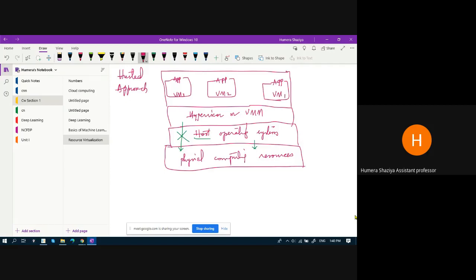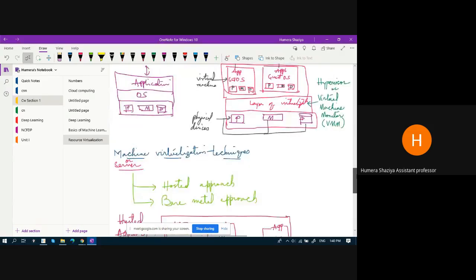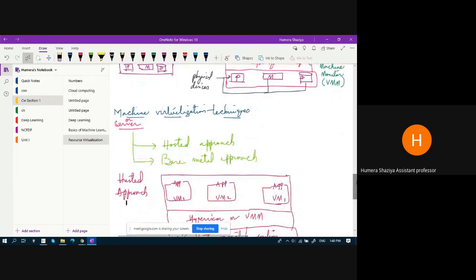And then the next type. This is the first technique. What are we studying? We are studying the techniques of machine or server level virtualization. This is the first one, the hosted approach. The second one is the bare metal approach.